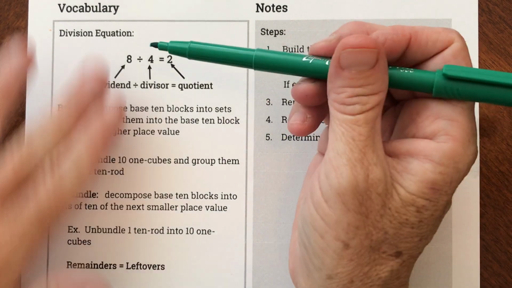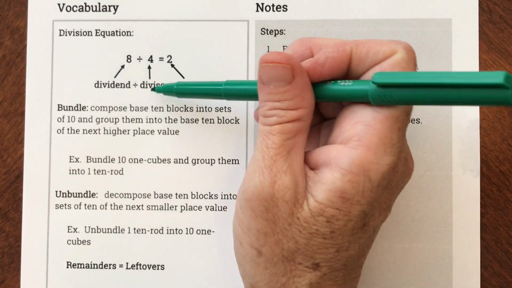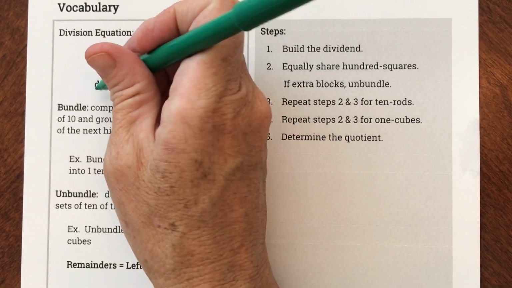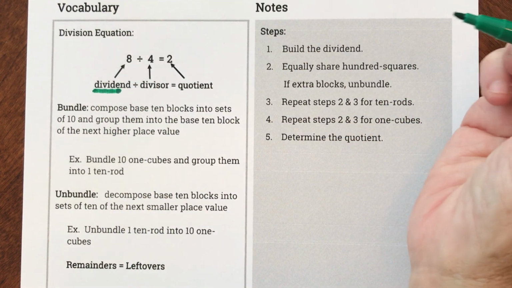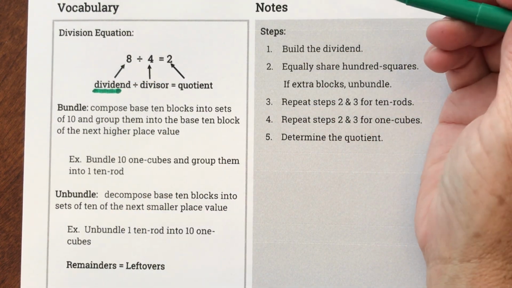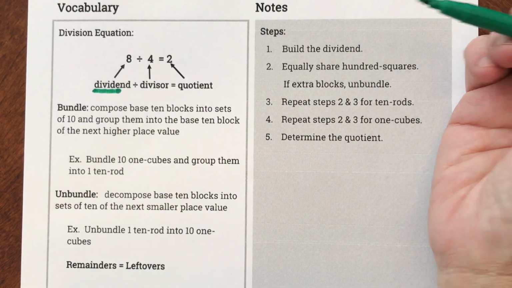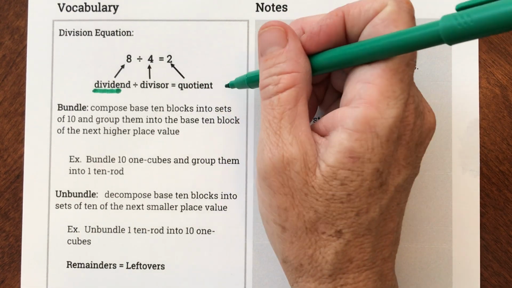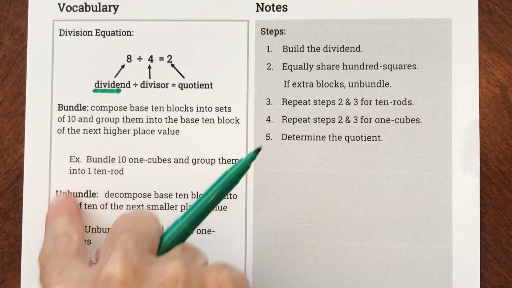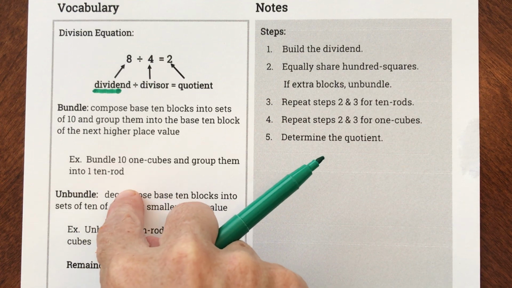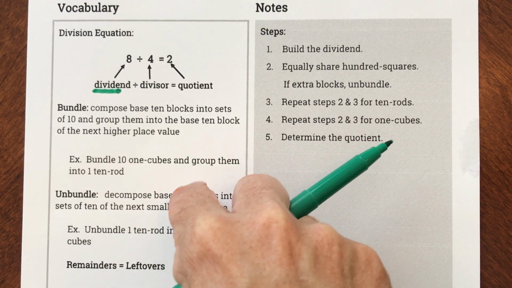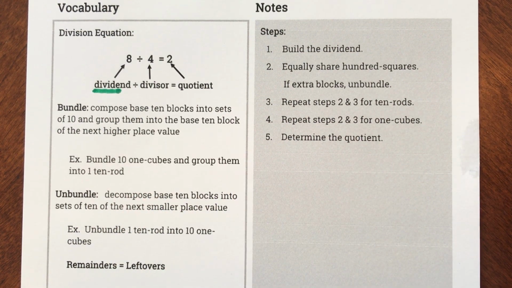They remind us about our three division words: a dividend, a divisor, and a quotient. Remember, a dividend is what we divide. The divisor is how many groups or how many is in each group. And our quotient is our answer. Then they talk about bundling and unbundling. We're going to be unbundling when we don't have enough to equally divide with.